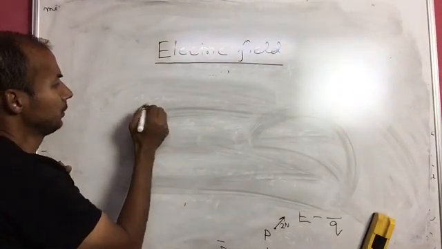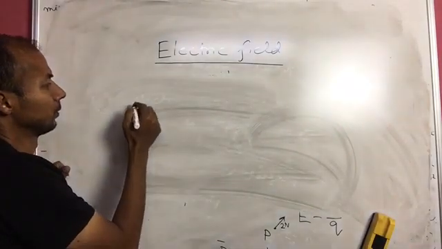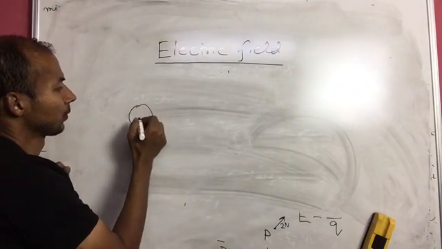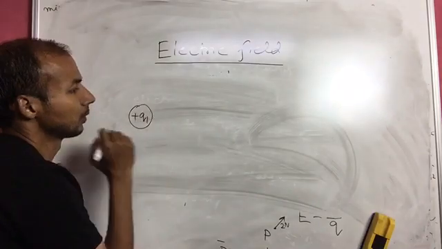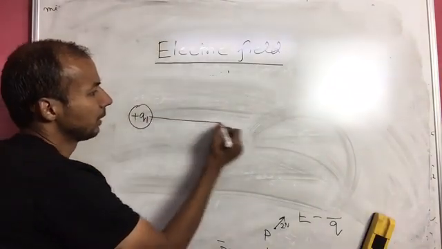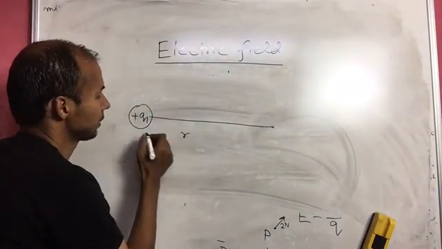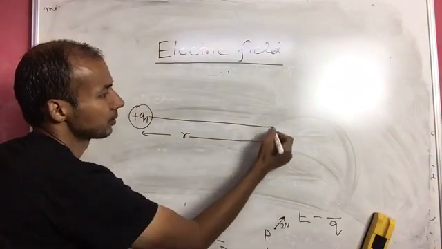So suppose you have a Q1 charge placed here, and you want to calculate the value of electric field at r distance from this charge.